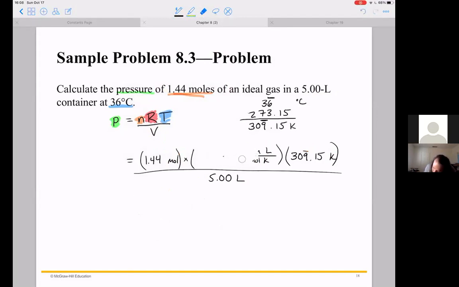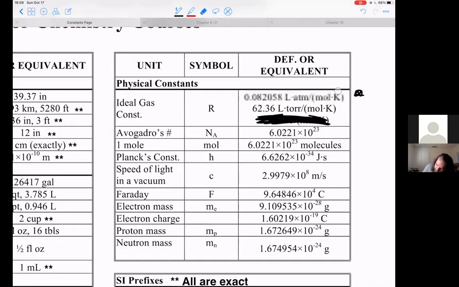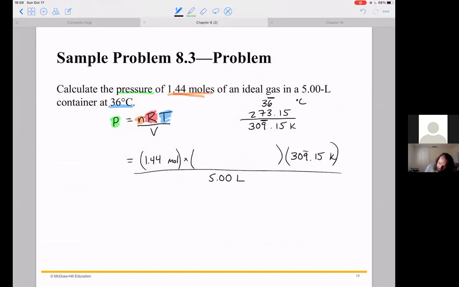So instead of using this one, I'm going to use this one, 62.36 liters torr per mole Kelvin.